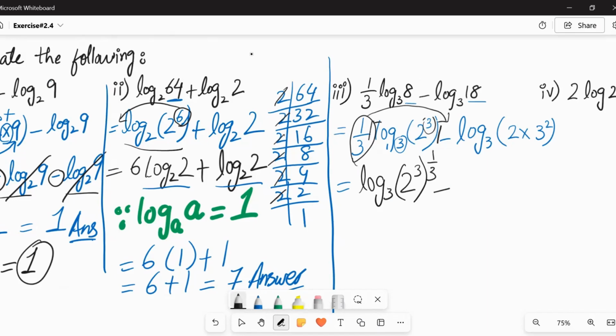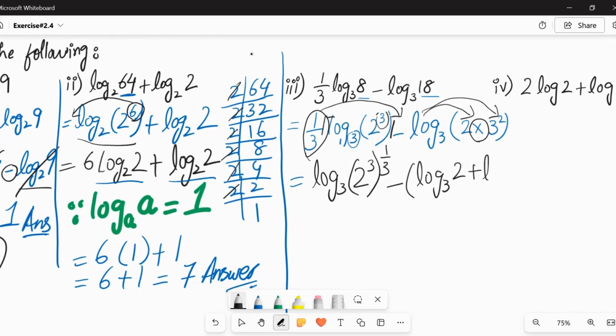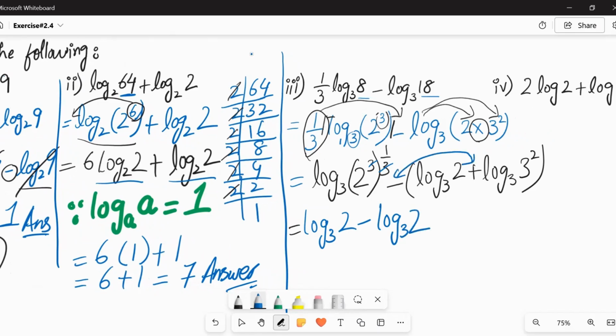Minus, now which property will be applied here? First you have to write the log individually with each, and the multiply sign will convert into a plus sign. So log base 3 of 2, and the multiply sign will change into a plus, and then again we'll write log with 3 also. Now see, these 3 and these 3 will cancel out each other, and we're left with log base 3 of 2 minus log base 3 of 2, and this plus and this minus gives minus log base 3 of 3 squared.